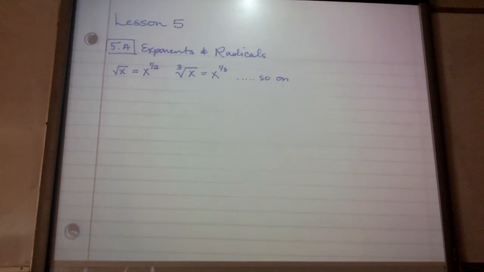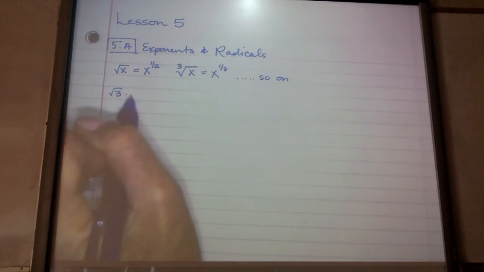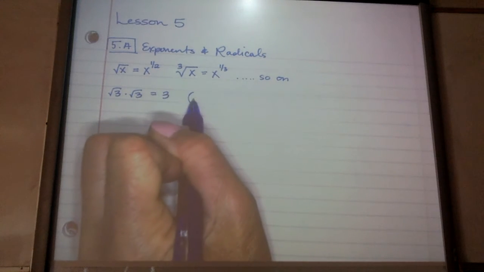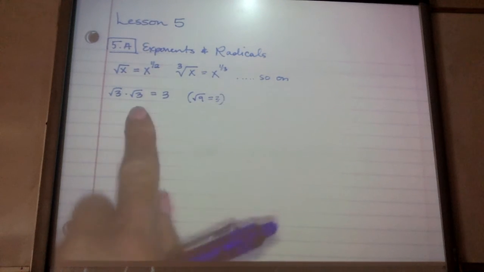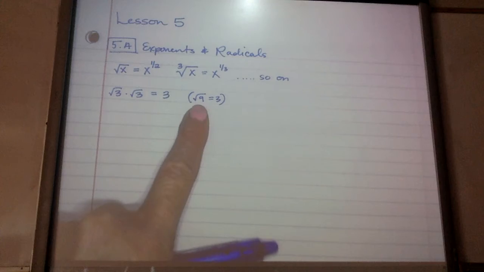Some other review that's super important are some shortcuts. The square root of 3 times the square root of 3 equals 3, because you get the square root of 9, which is 3. So the shortcut, square root of 3 times the square root of 3, is technically the square root of 9.